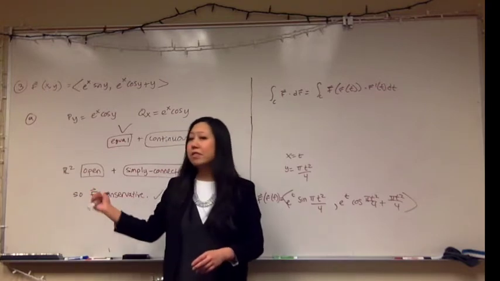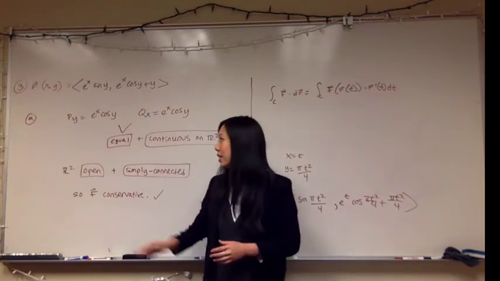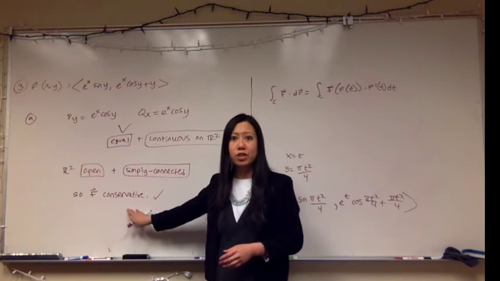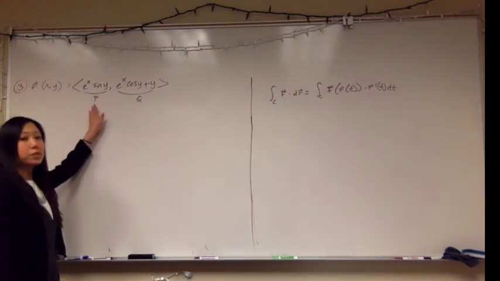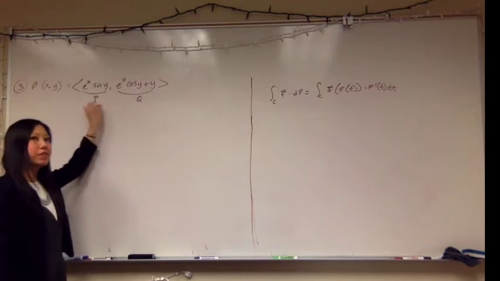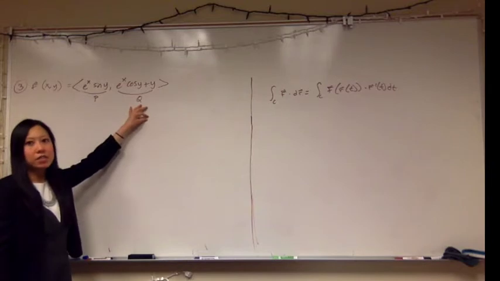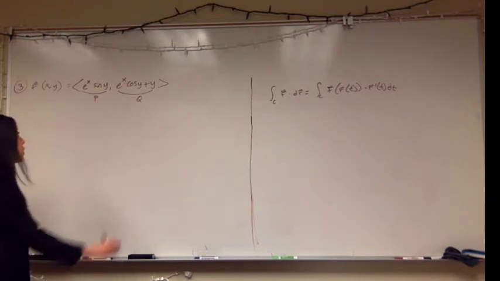We know that F is conservative, so let's go ahead and apply the fundamental theorem of line integrals. First, we'll need to find the potential function, f. To find the potential function, we could either integrate this with respect to x or this with respect to y, because since F is conservative, this equals f sub x and this equals f sub y. It looks easier to integrate this with respect to x, so let's do that.